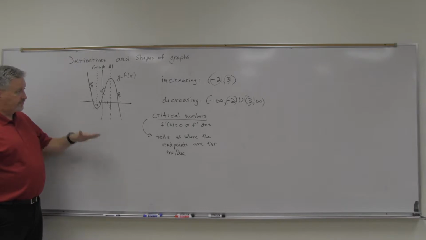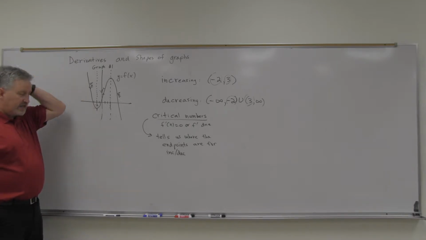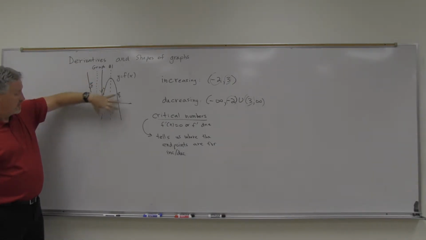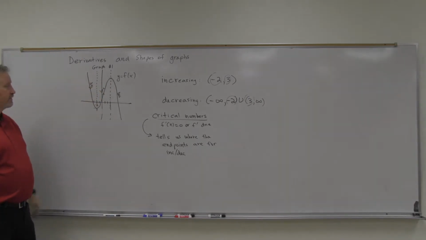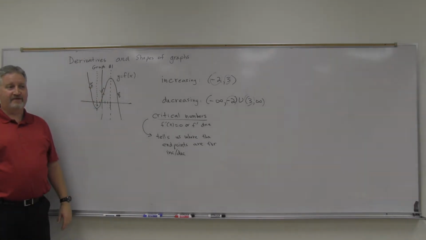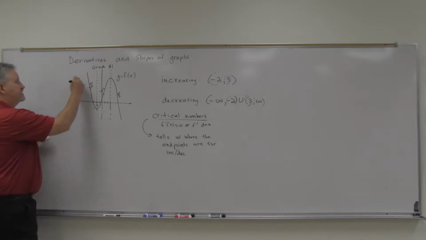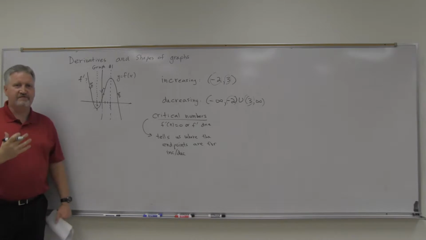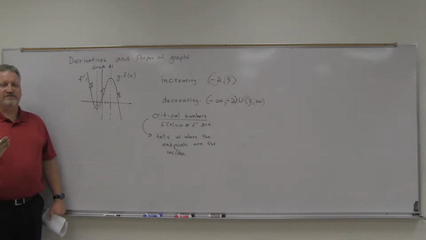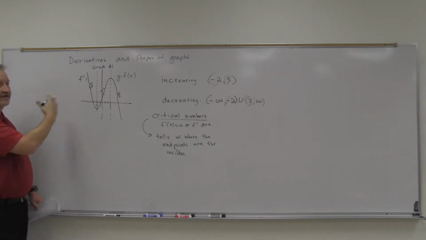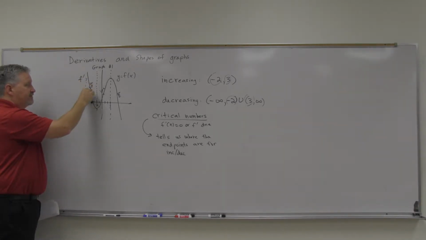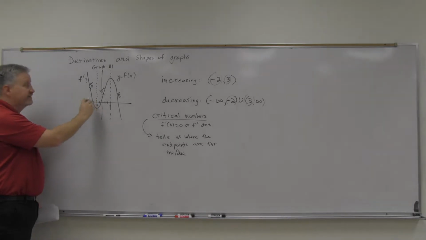The critical numbers are where we have the breaks, but also notice the derivative between those critical numbers, in the different zones that are made by those critical numbers. What sign do the derivatives have out here? Well, the derivative is the slope of the tangent line. Aren't they all negative? Yeah.